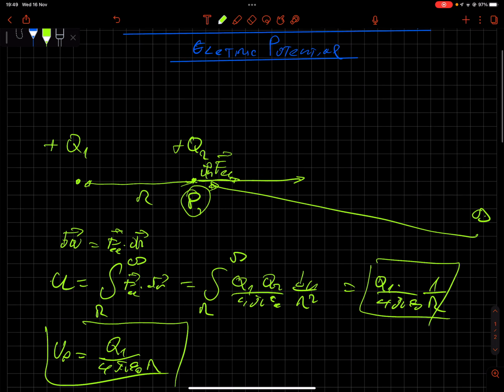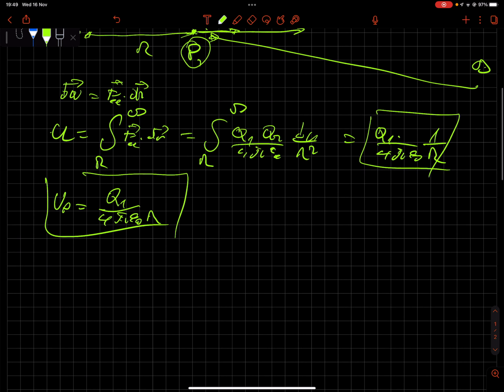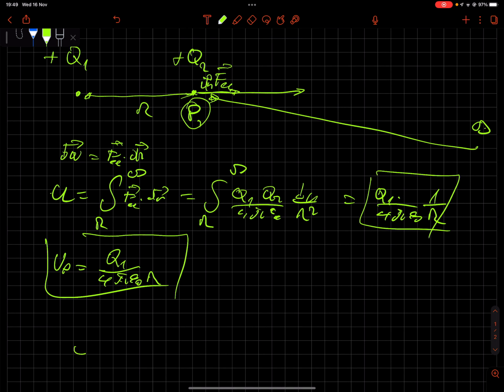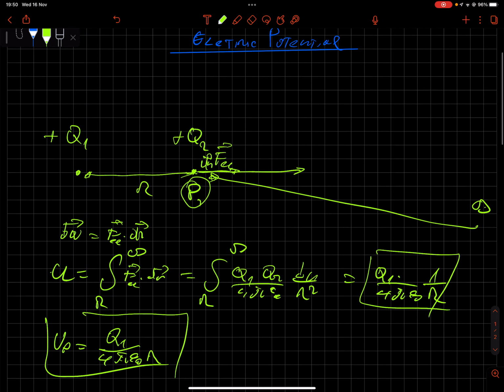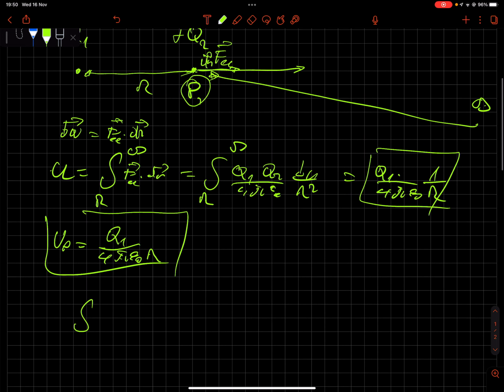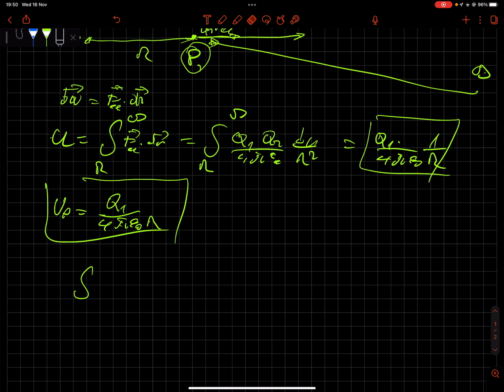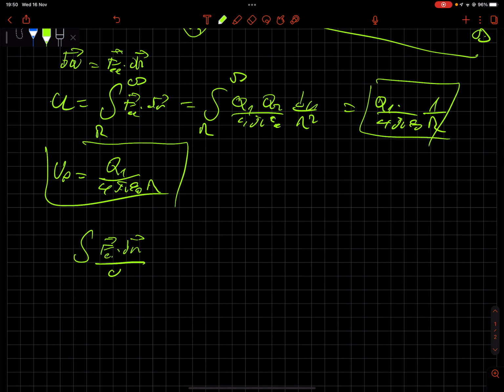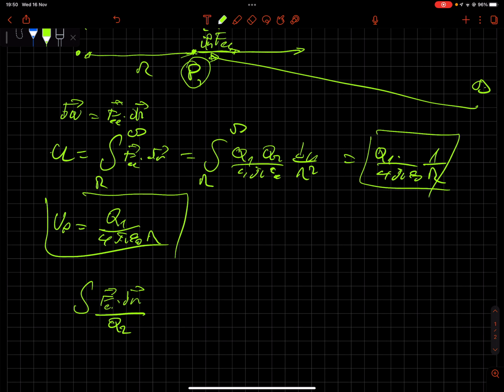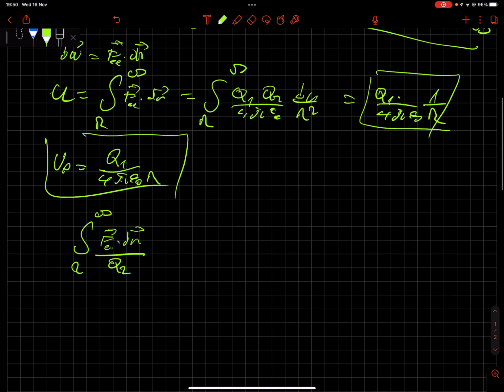But we can calculate electrostatic potential like this. As I mentioned, electrostatic potential is the work per unit charge. So the work is electric force times dr, but per unit charge, from this point on distance r to infinity.